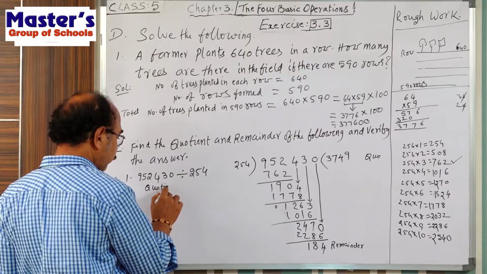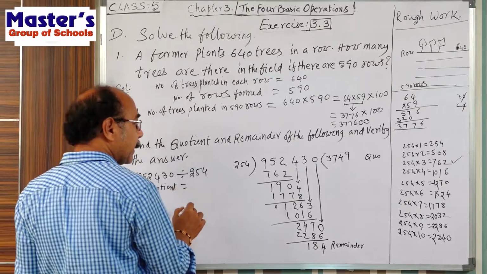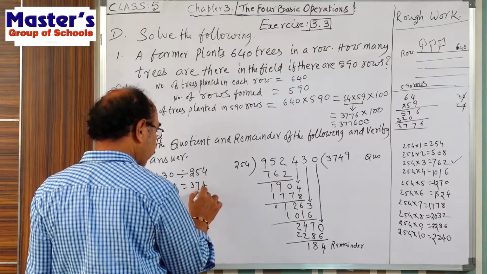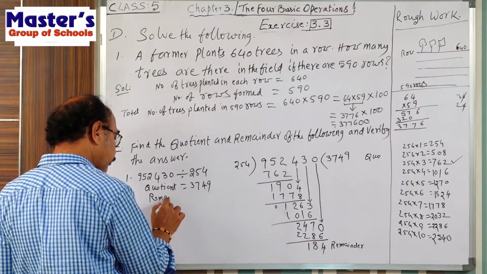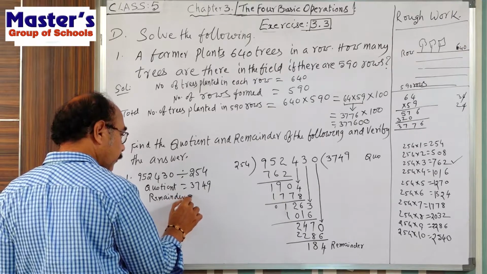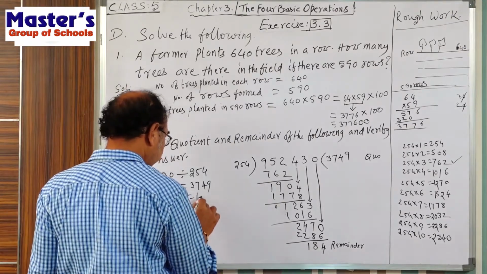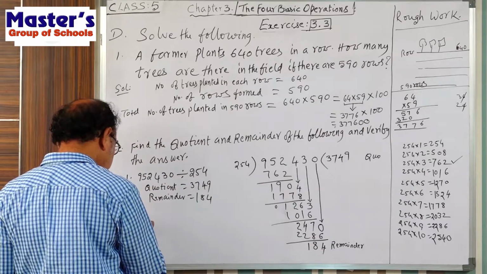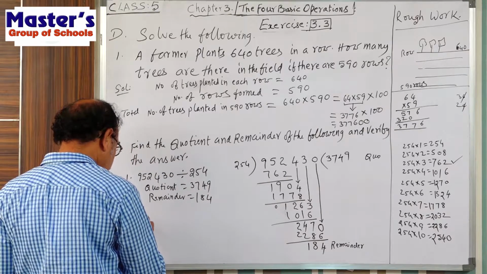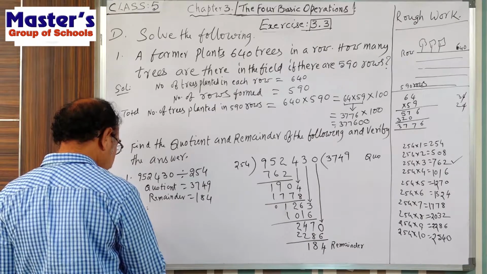Quotient is equal to 3749 and remainder is equal to 184. Verify means to check your answer.